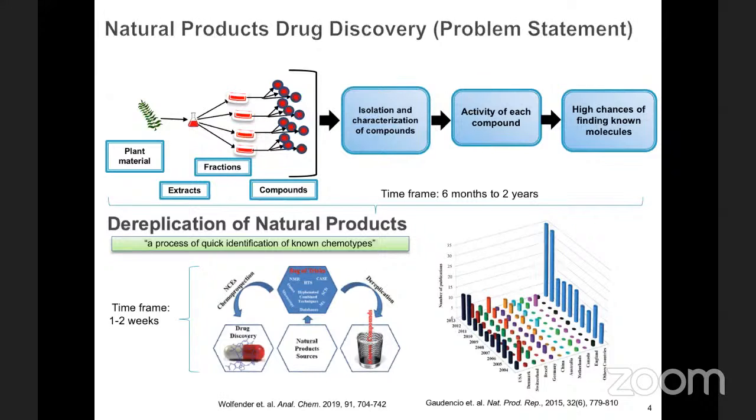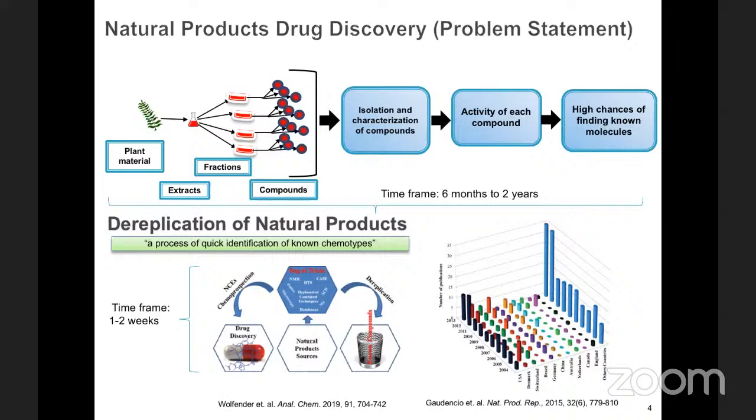So the process can save a good amount of time, where the time frame can move from 6 months to maybe 1 to 2 weeks, and that is the main advantage. On the right hand side here, you can see the number of publications on the de-replication process. This was up to 2013, but I didn't find a review mentioning this kind of analysis, though I'm sure the number of papers on de-replication has improved a lot now.